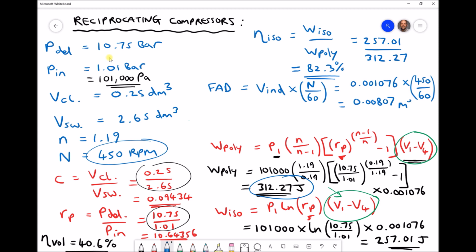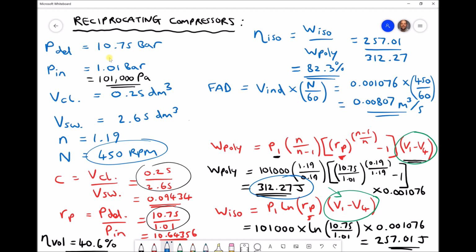That's going to be meters cubed every second. So every second we have 0.00807 meters cubed of air passing through our cylinder. Now note that that's roughly 7.5 cycles every second. So every second we compress 7.5 full cylinders of air.